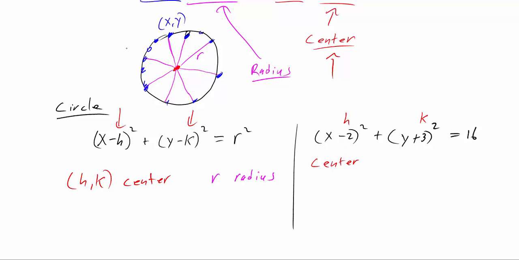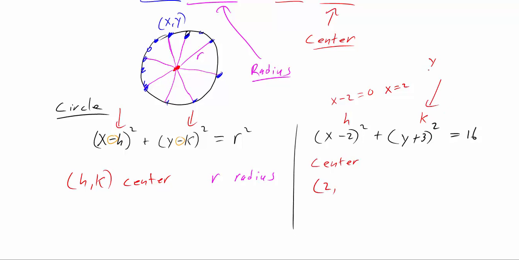And if you look at the formula, because there's a negative sign already in the formula, then this is x minus 2, so that means the h value has to be a positive 2. Another way to think of this, I like to mentally set what's in the parentheses, the x minus 2, equal to 0, and if we solve that for x, then we end up with x equal to a positive 2 for our h.